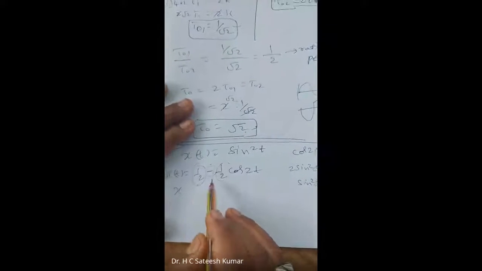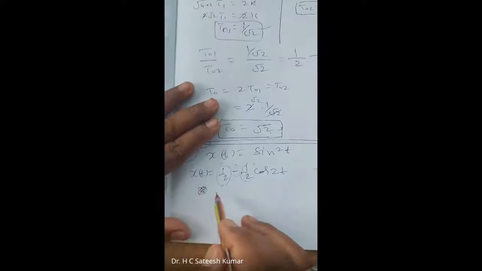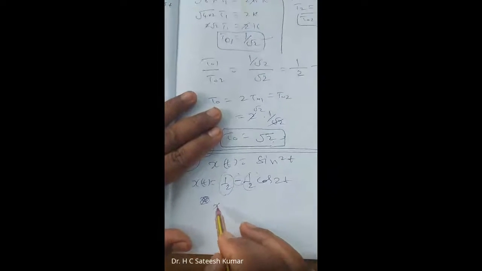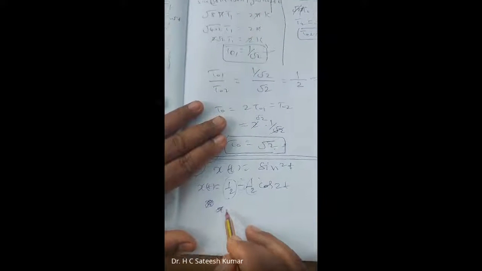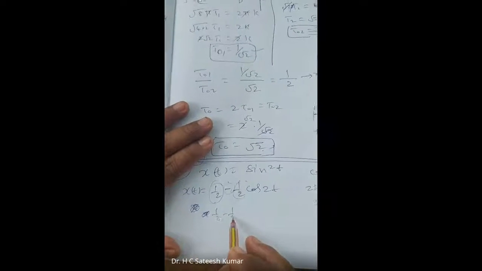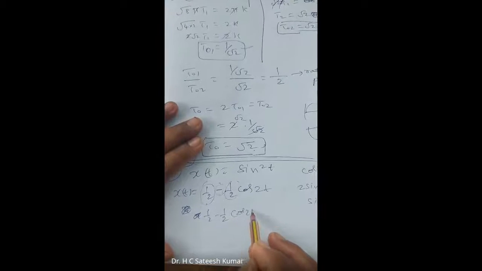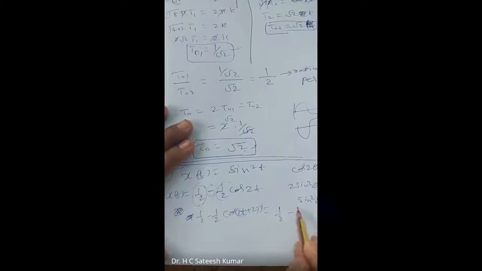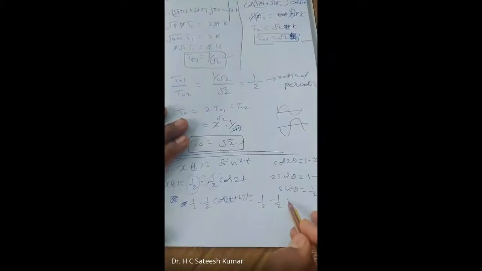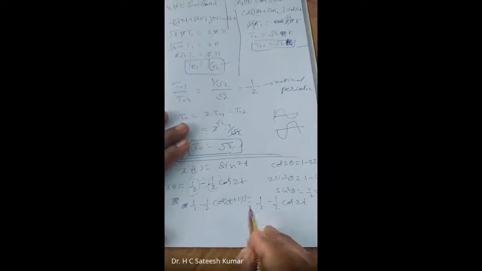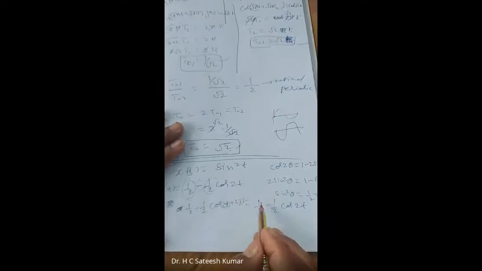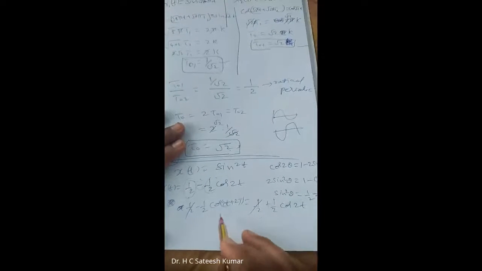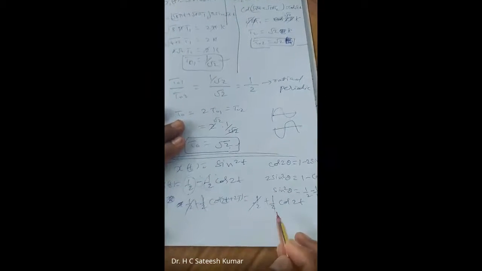Right? So therefore, no need to know all that, you can just do it like this. x of t plus T, how will you do that? 1 by 2 minus 1 by 2 cos of 2t plus 2T is equal to 1 by 2 minus 1 by 2 cos of 2t. This DC gets cancelled, minus minus gets cancelled, 1 by 2, 1 by 2 gets cancelled.